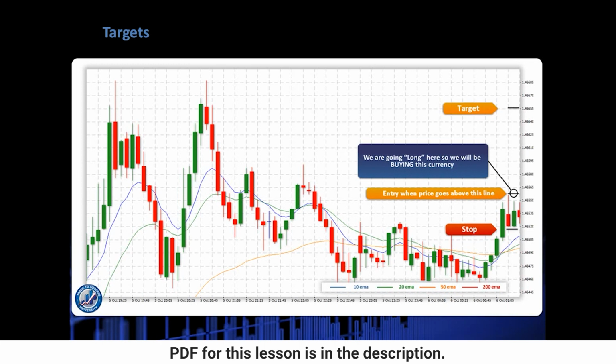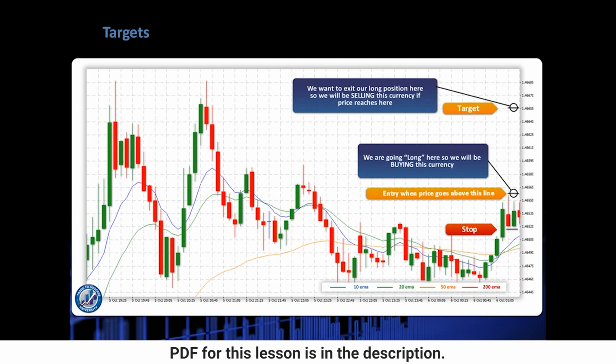Now let's just say that our target is as indicated. This is predetermined by our strategy, and we will go over this in the strategy section. But just to illustrate the target component, let's just say for argument's sake that our target is predetermined as shown. So we want to exit our long position at the target price, so we will be selling the currency when price reaches there.